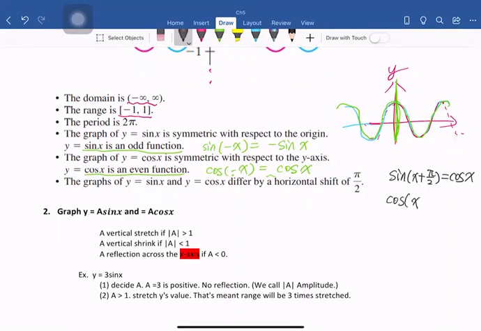Cosine of (x minus pi over 2) equals sine x. The plus sign in the parentheses means move to the left.